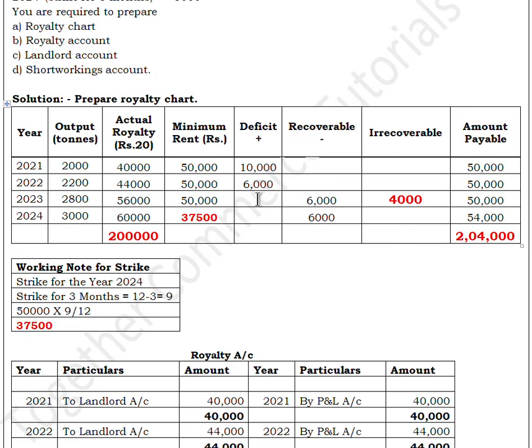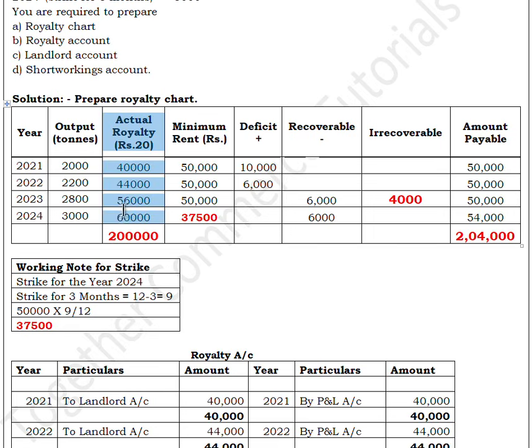For 56,000, there is no plus entry here, there is a minus entry here. 56,000 minus 6,000 gives you 50,000. Then 60,000 minus 6,000 gives you 54,000. So this is how you should calculate the amount payable column.